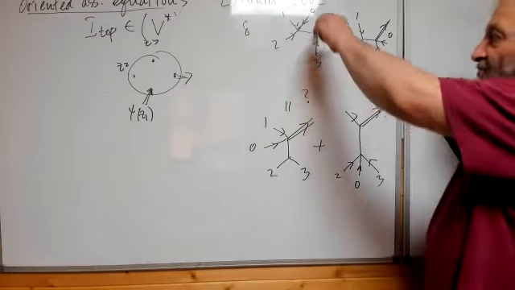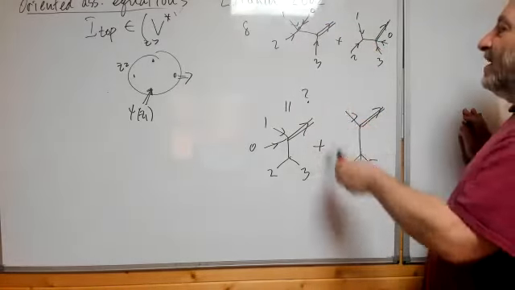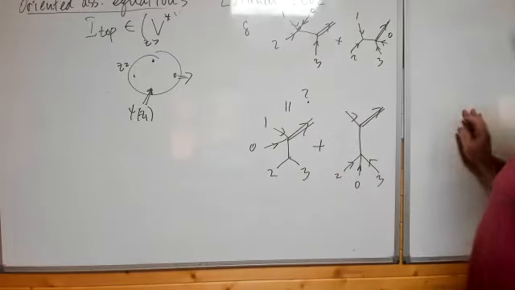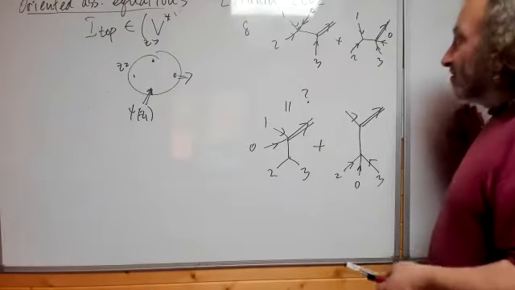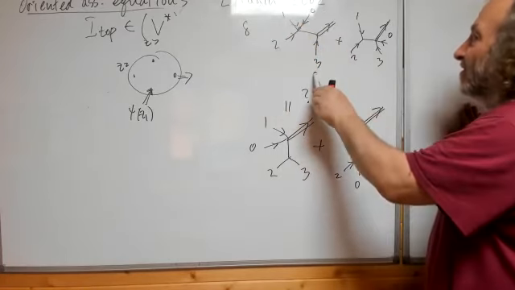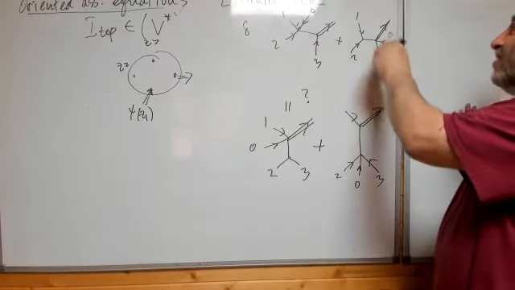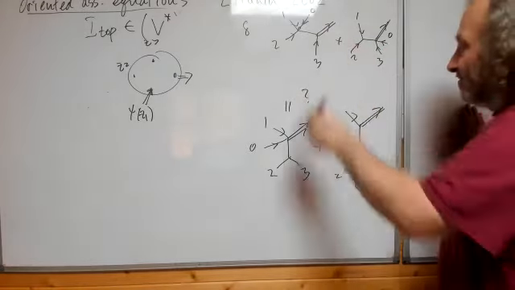So from commutativity and associativity of multiplication, it is clear that these two terms equal each other. So here is just a product of 0, 1, 2, 3. And here is again a product of 0, 1, 2, 3. Twice.